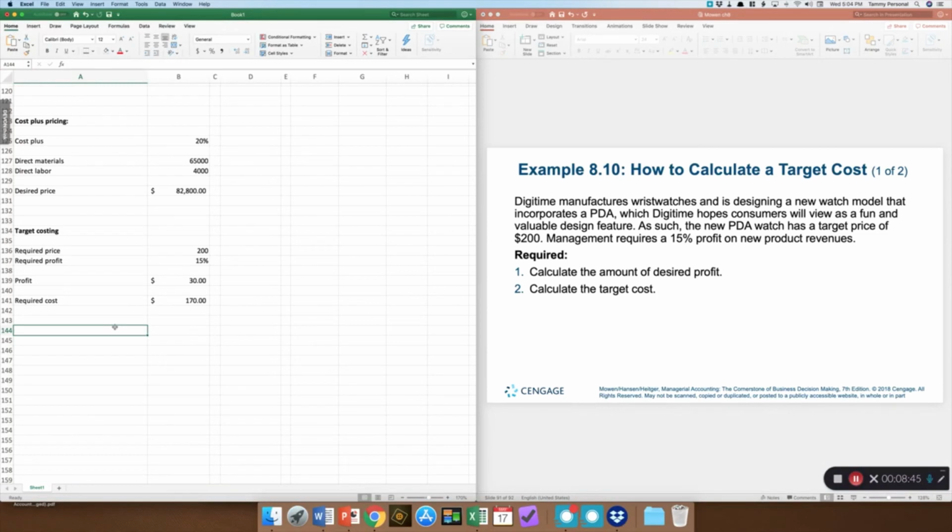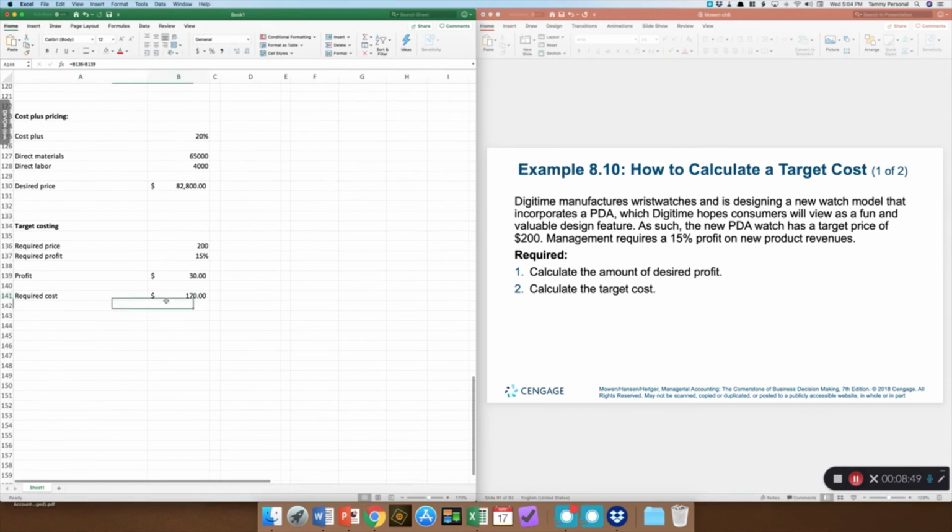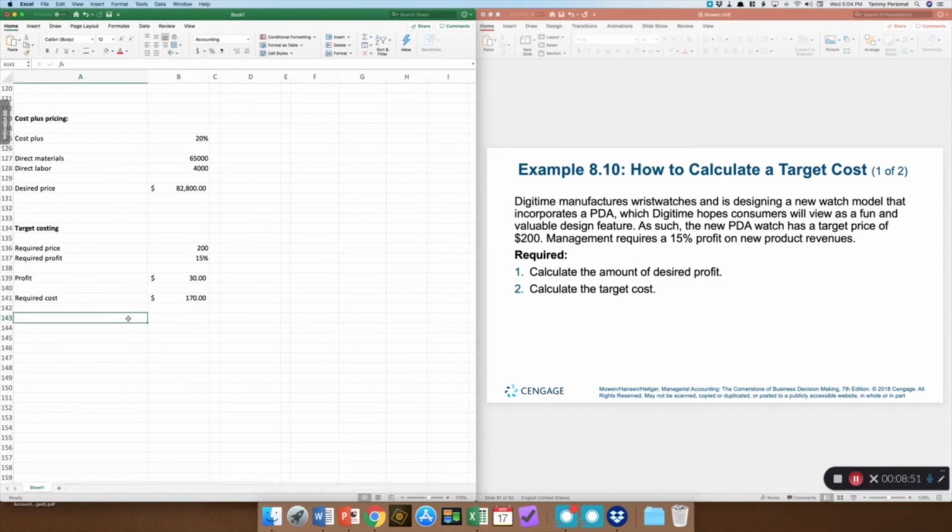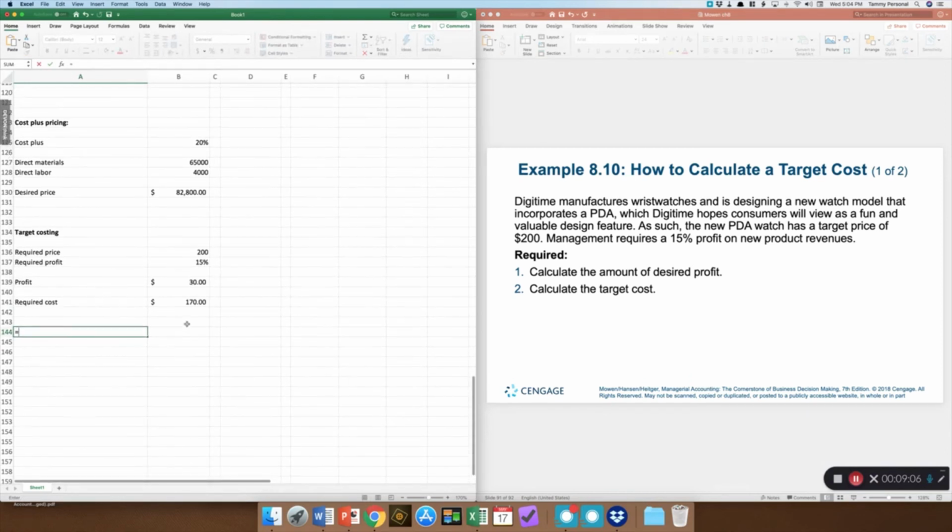Because if we have a $170 cost and we say, well, I want to do cost plus 15% because that's my required profit, it's not the same. 15% of 170 is not 200. So let's say the mistaken cost plus for target costing error.